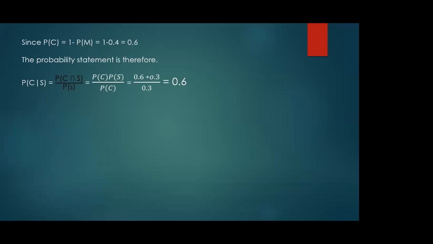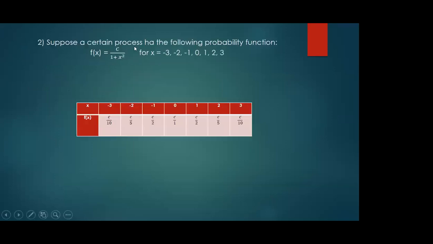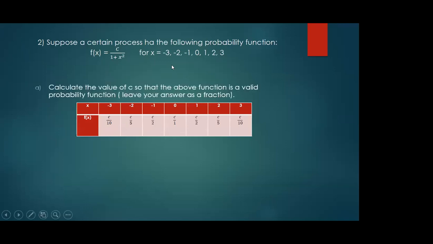All right, guys, so question 2 now. Suppose a certain process has the following probability function, where f of x is equal to c divided by 1 plus x squared, for x equal to -3, -2, -1, 0, 1, 2, 3.